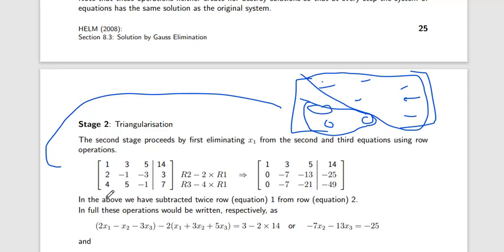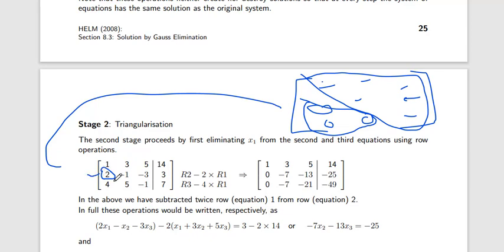You can also do it as the third row divided by 2 and then subtract from the second row. Our main target is only to get a 0.